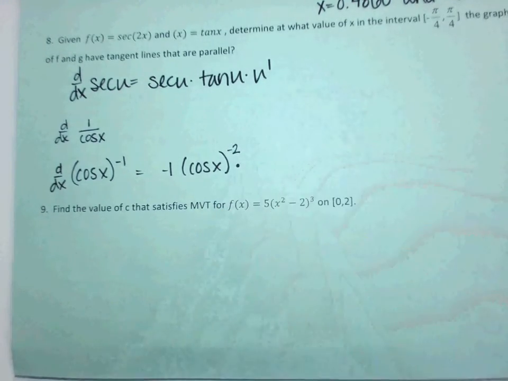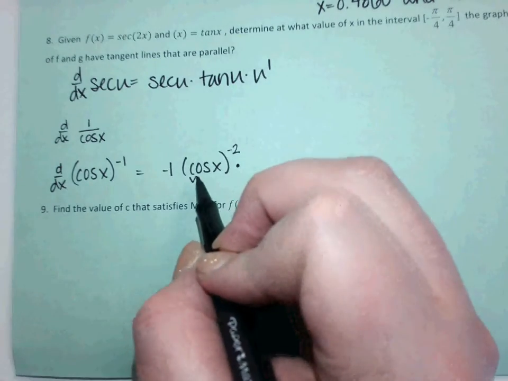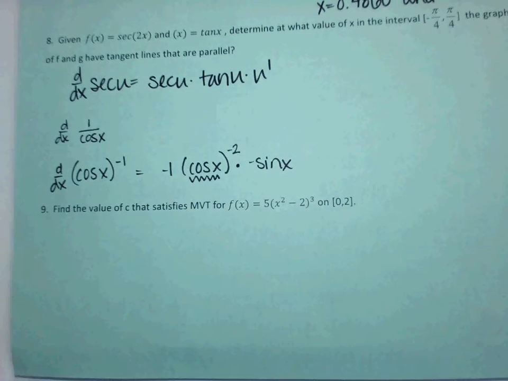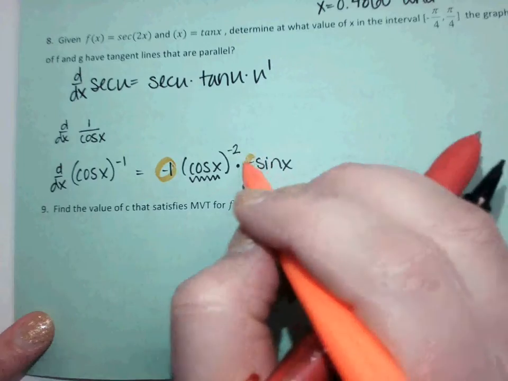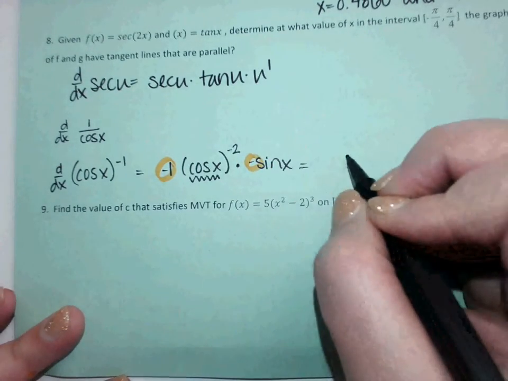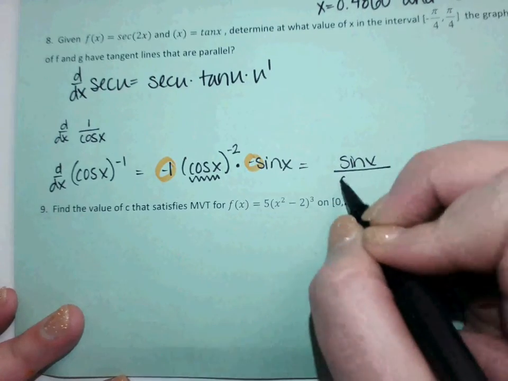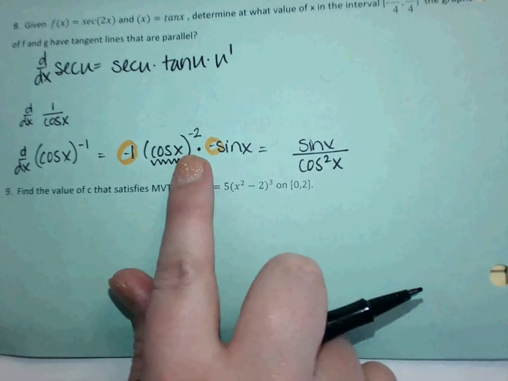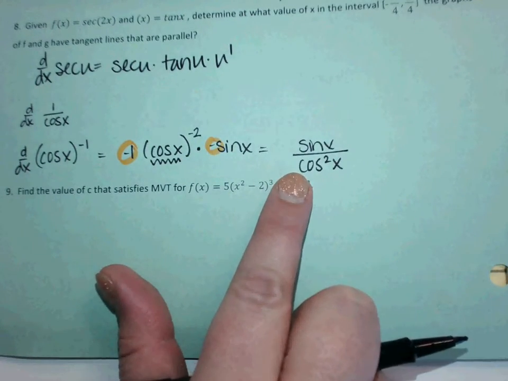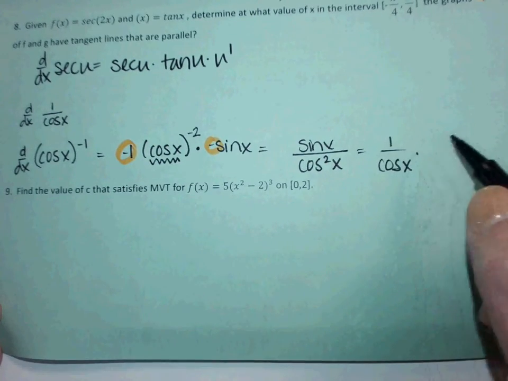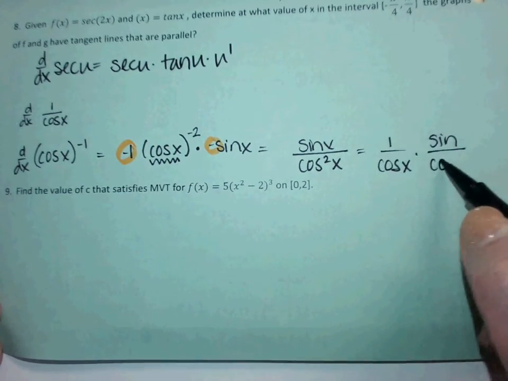Then I multiply by the derivative of the middle. What's the derivative of cosine? Negative sine x. What's going to happen when I have a negative here and a negative here? Cancel out. So really what I'm left with is going to be sine x over cosine squared x. Yeah? So far so good? Okay, because these guys have a negative exponent, so they go on the bottom. From there, look what I can do. It's a 1 over cosine x times a sine over cosine x.